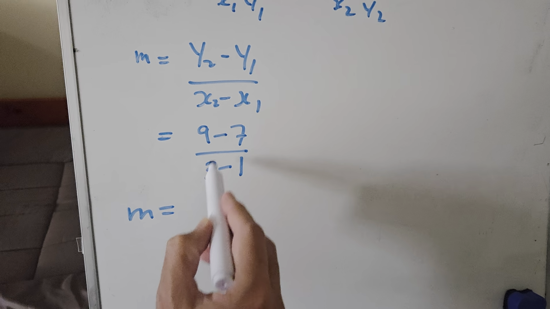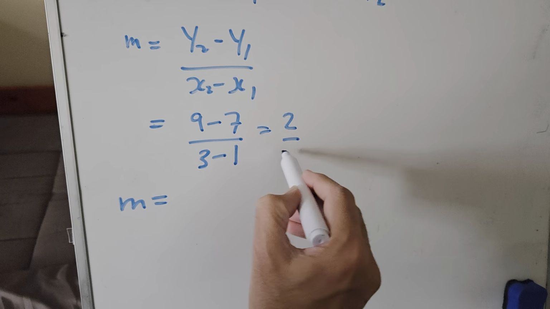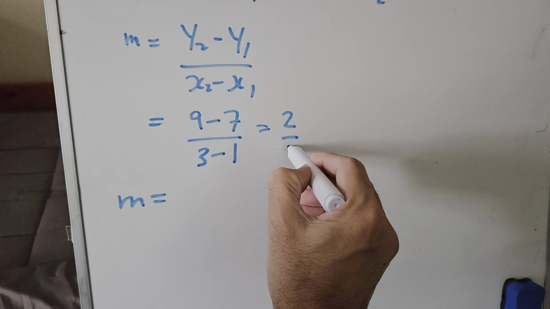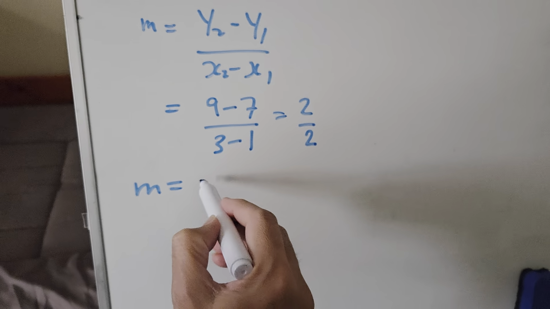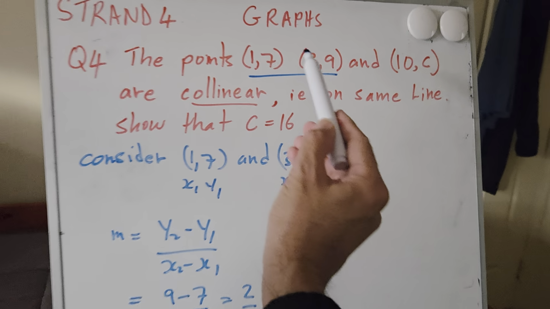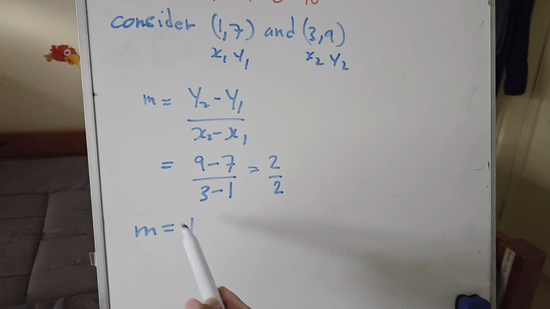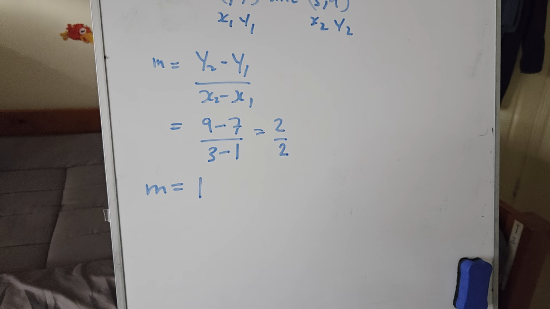So the gradient is 9 minus 7, which is 2, divided by 3 minus 1, which is 2. So 2 divided by 2 is equal to 1. So the three points lie on a line which has a gradient equal to 1.